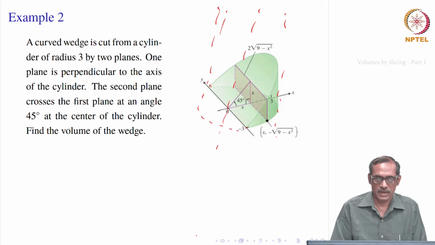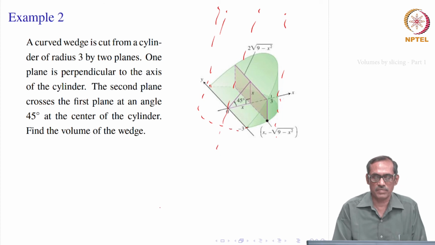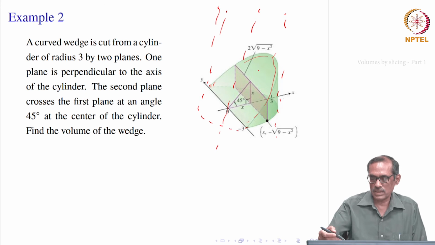So, that is one plane, and the second plane crosses the first plane at an angle of 45 degrees at the center of the cylinder. So, the other plane is this one. That is cutting the cylinder at an angle of 45 degrees.